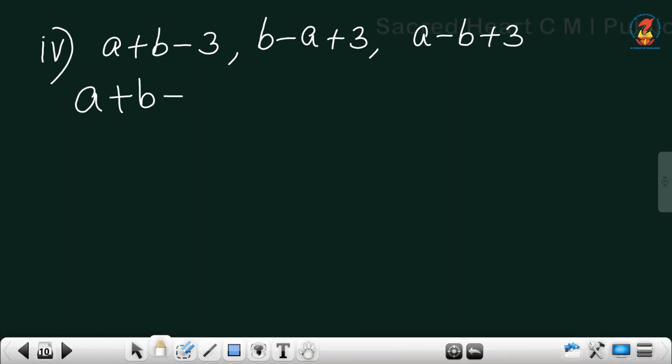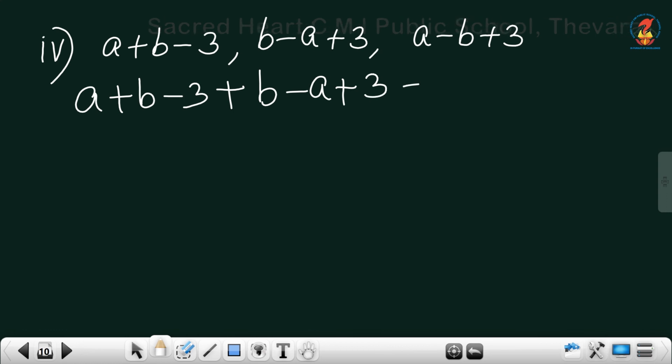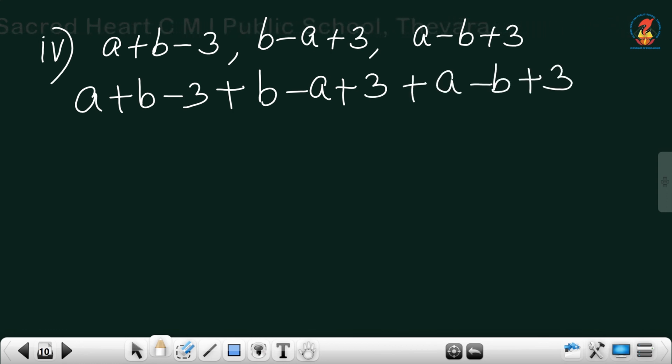A plus B minus 3. I told you, put the addition sign and rewrite the question. B minus A plus 3 plus A minus B plus 3. Now you group the like terms.